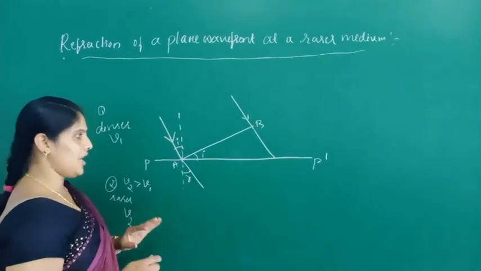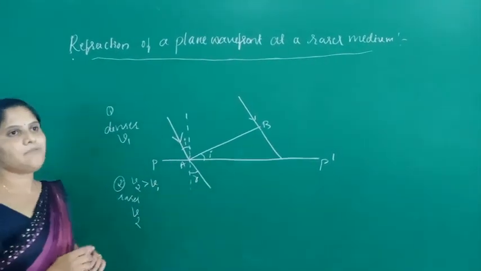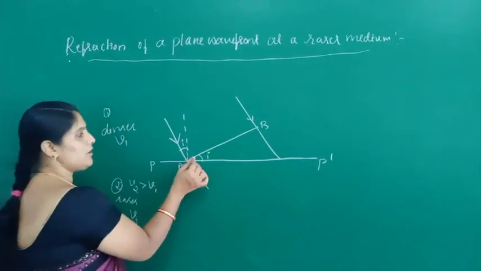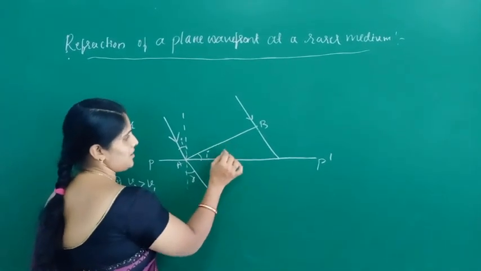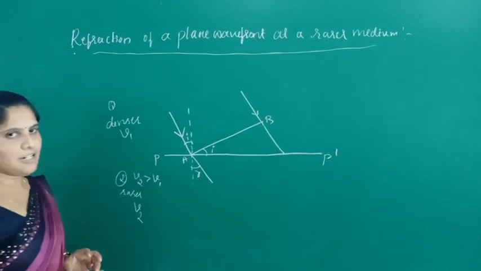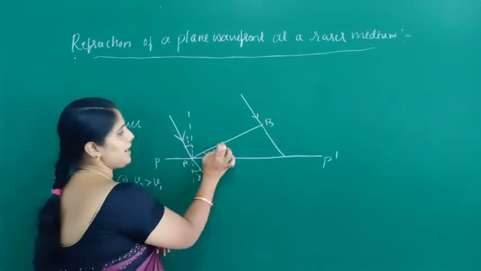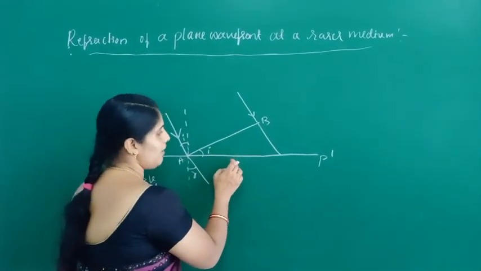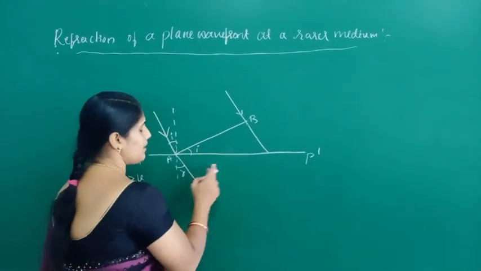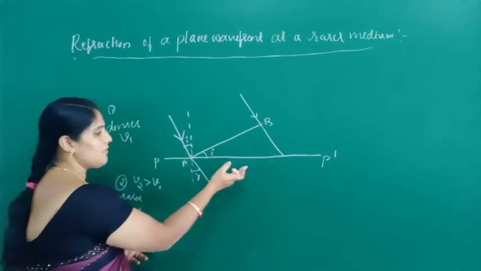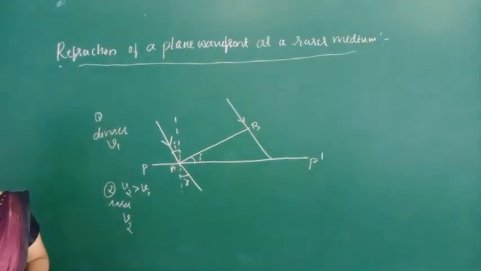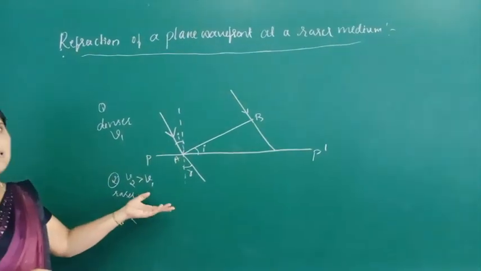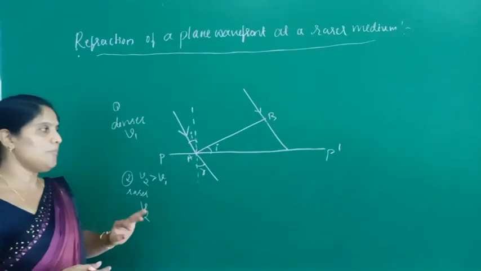It undergoes refraction. According to Huygens' first principle, each point on the wavefront is a source of secondary disturbance called secondary wavelets. That means small waves are emitted. If we draw a tangent to those small wavelets, we will get a secondary wavefront. That is Huygens' second principle.